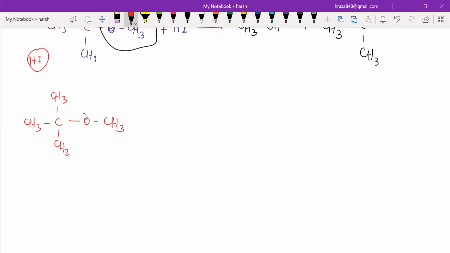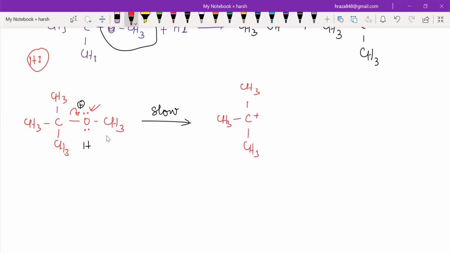As we know, oxygen has a lone pair, an electron rich species, so hydrogen will come here and there will be positive charge. There will be a bond between oxygen and hydrogen, and this is step one, which is the slowest step. Then in order to stabilize itself, oxygen will take electrons from carbon, and now there will be carbocation formation.